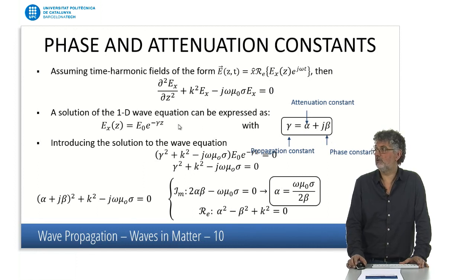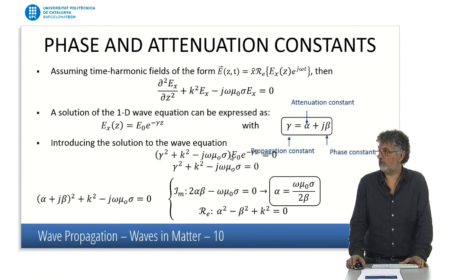If we substitute this expression into the wave equation, we end up with this expression here that has to be equal to 0, so that whole term here has to be equal to 0.